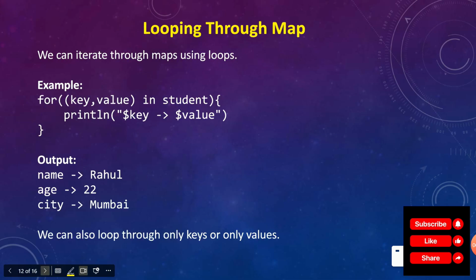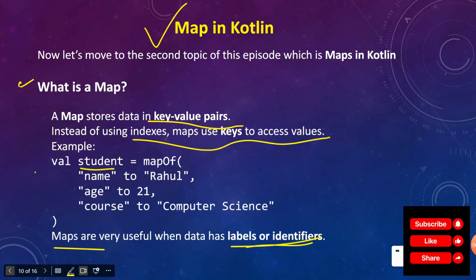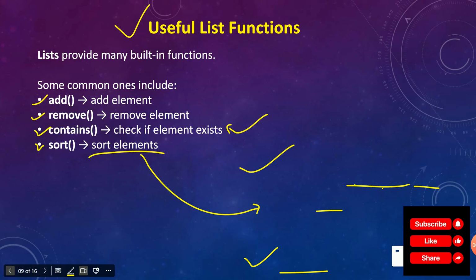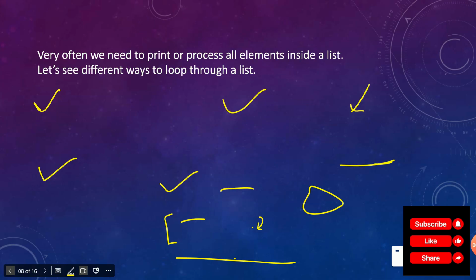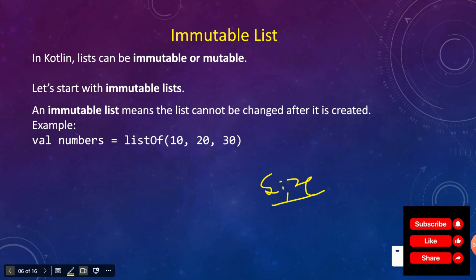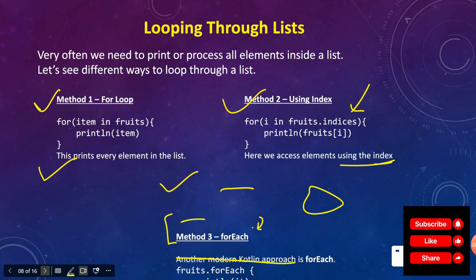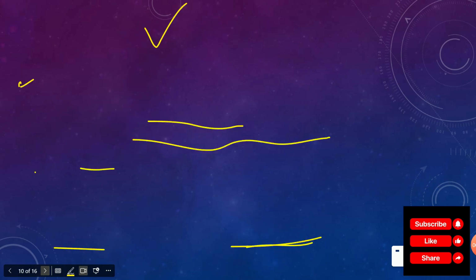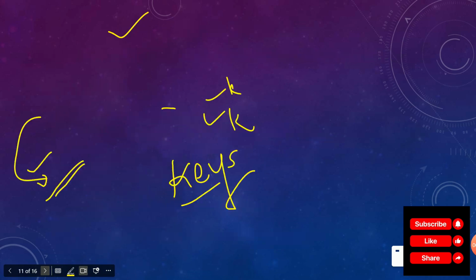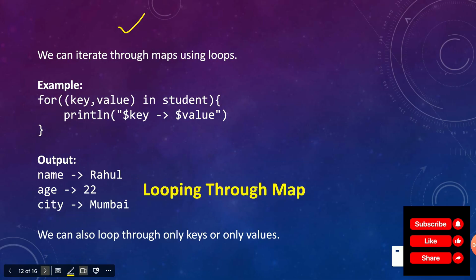So next is a mutable map. Just like a list, a map can also be mutable. For example, student equal to mutableMapOf name Rahul, age 21. In the output you can update that, right? Mutable means at runtime we can update those values, while immutable means we cannot change them.